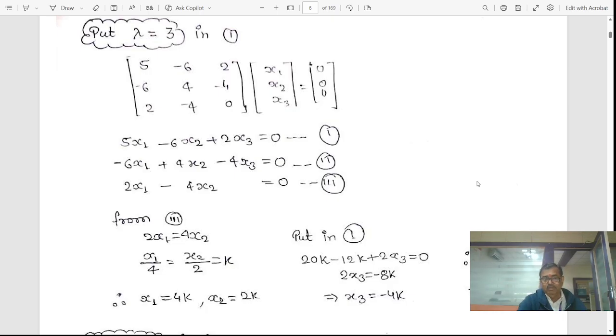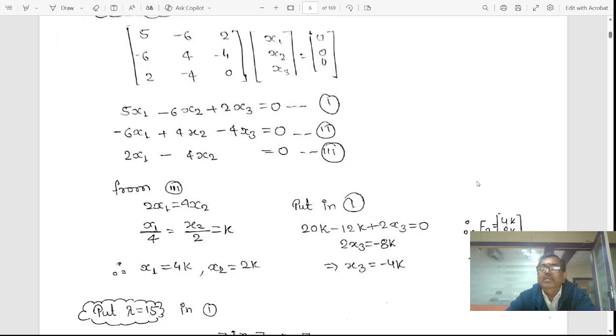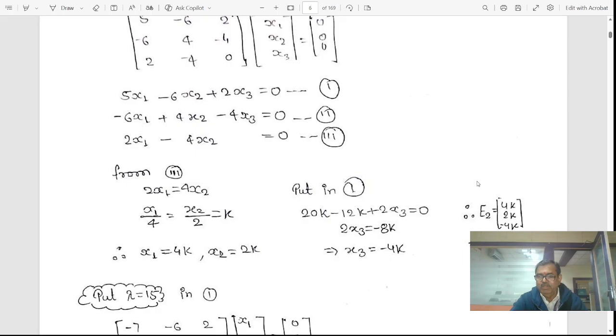Putting these values in any of equations 1, 2 or 3, we put them in 1: 20k − 12k + 2x3 = 0. That means 2x3 = −8k, so x3 = −4k. Therefore the second eigenvector is [4k, 2k, −4k]. K is common, so that is [4, 2, −4].